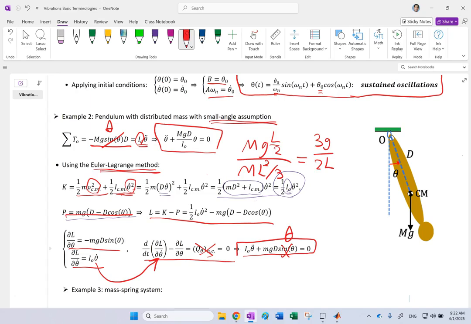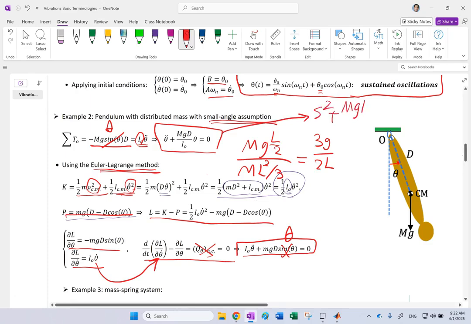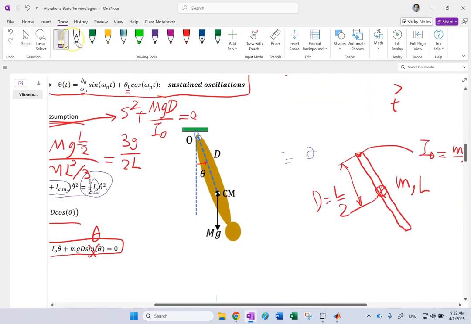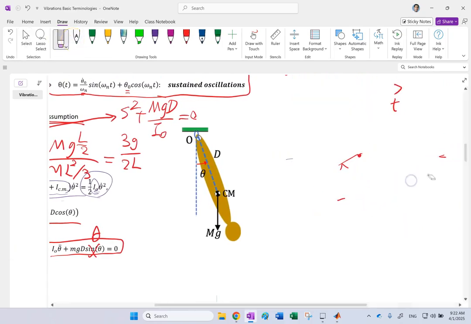Now, if somebody says, what is the natural frequency in this system? What would you say? You are right. If I want to solve this, I need to find the characteristic equation, which is s squared plus mgd over I naught equals 0. And if I solve for the roots, you see that the roots are what?